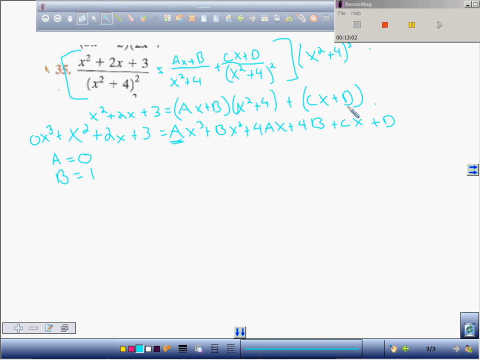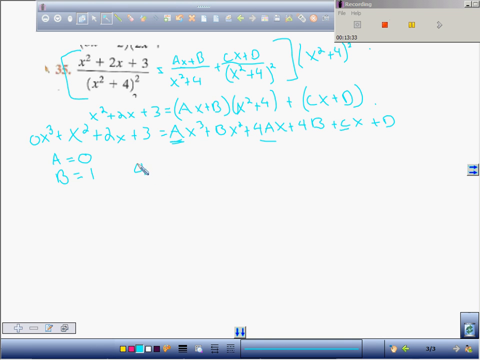Then all I have to do is look for c. Well, I know that c and 4a have to add up to what? These are my x terms. So what does 4a plus c have to be? 2, right?